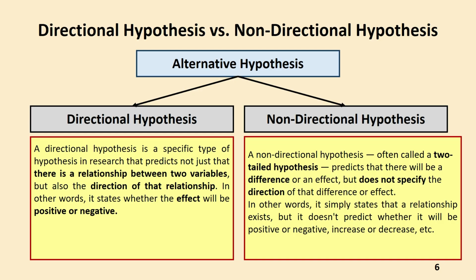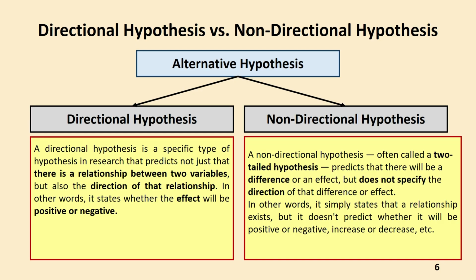Or we can say it gives you the result or effect in a positive or negative sense. But a non-directional hypothesis is also called a two-tailed hypothesis, and I will highlight one more thing: directional hypotheses are also known as one-tailed hypotheses. You can remember it by this: directional is one-tailed and non-directional is two-tailed.